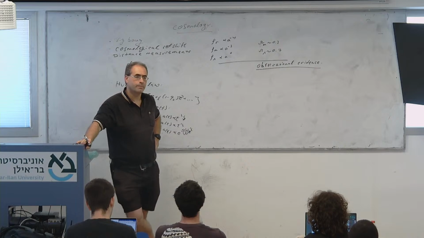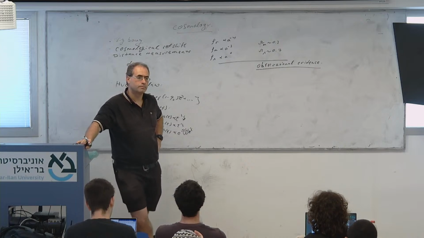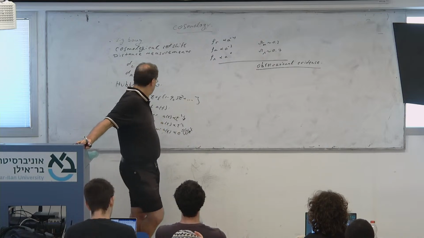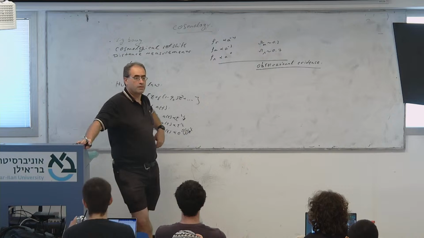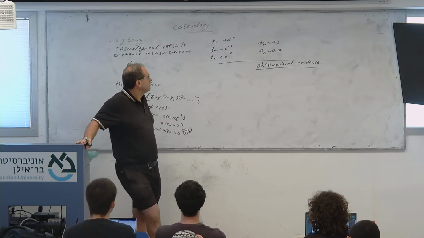A is a function of time. Do we know what controls the dynamics of it, or is it all explained in the equations there? We got that by solving Friedmann's equation.